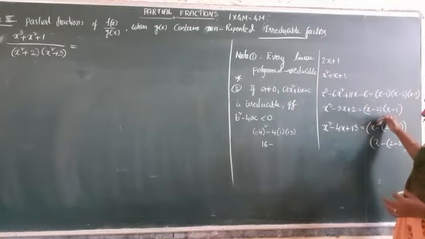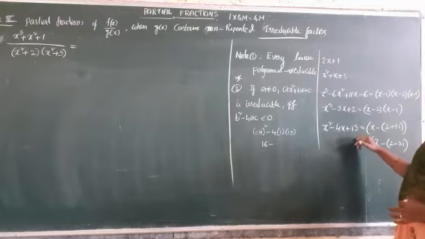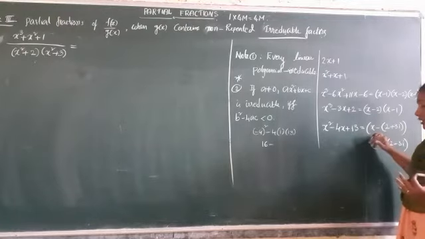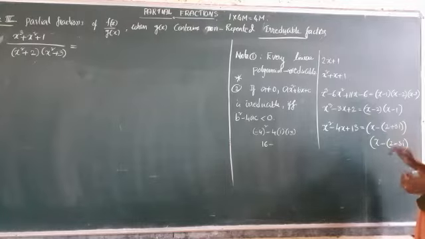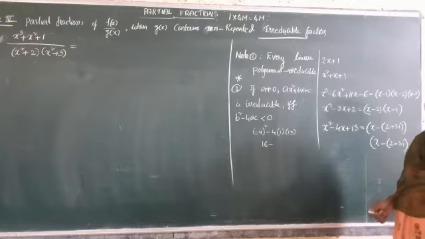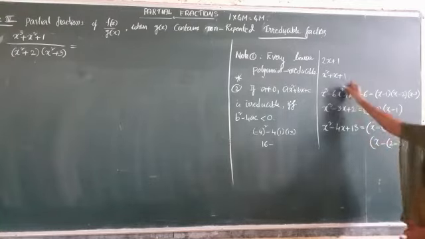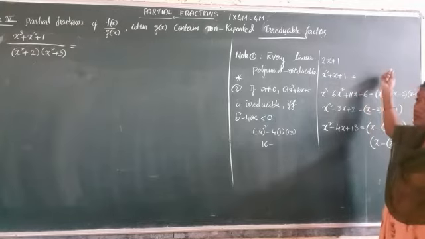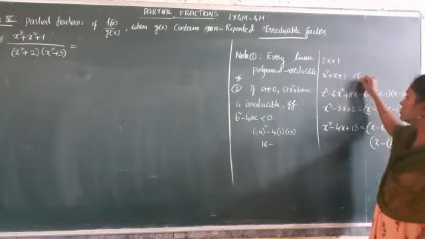Suppose you have x square minus 4x plus 13. We can split into factors, but here not real ones, complex roots we are having. This is not reducible, this is irreducible. Here x square plus x plus 1, we cannot split into linear factors, right? So this is also irreducible.